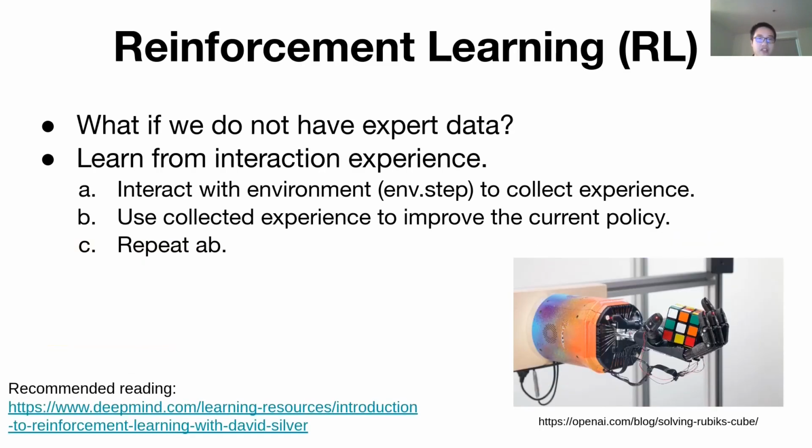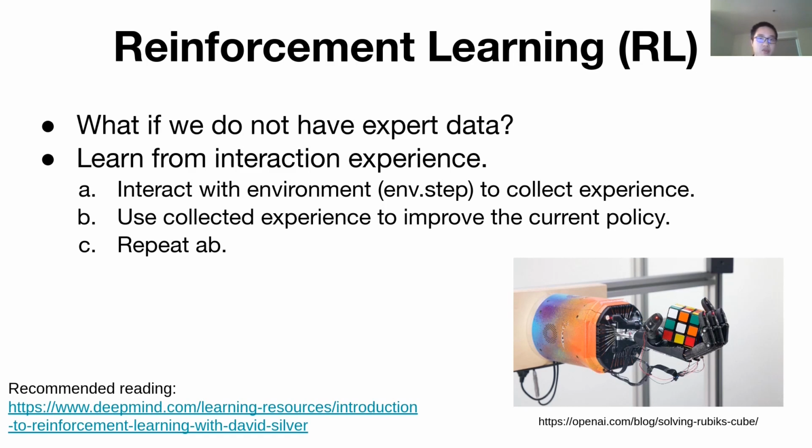On the other hand, what if we do not have expert data? In this case, we can learn by collecting interaction experience. First, the agent interacts with the environment to collect experience, including states, actions, and rewards. Next, the agent uses collected experience to improve the current policy.